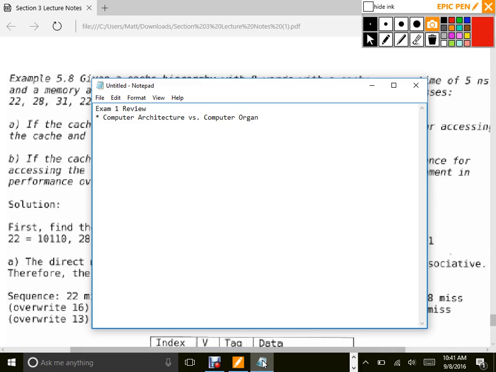No. Computer disorganization? Okay. What else could I ask? Okay, performance, there'll be the performance question. What else could I ask about? Amdahl's law.